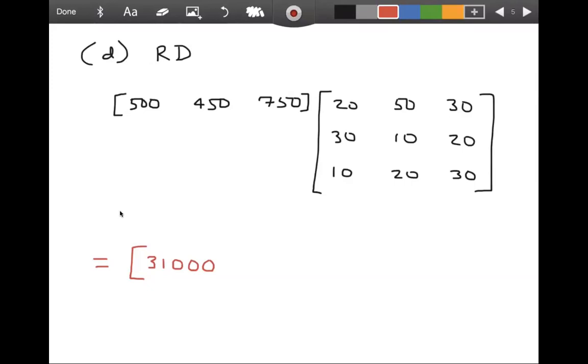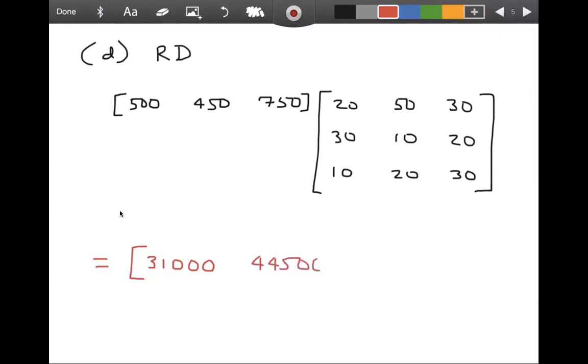So for store two, it's going to be 500 times 50 plus 450 times 10 plus 750 times 20, which comes out to 44,500.